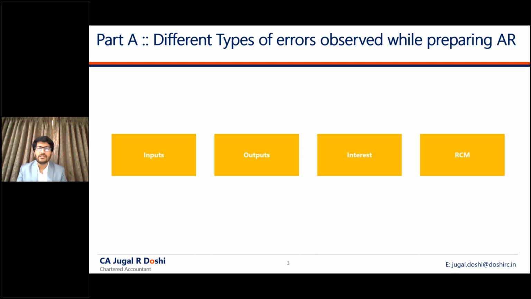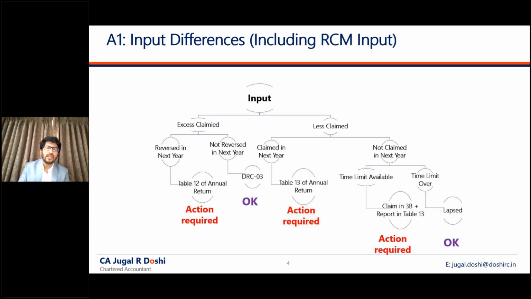And fourth, difference in RCM liability self-assessed by me while filing the annual return as compared to RCM liability declared in GSTR 3B. The words I am stressing here are "self-assessed by me" because GST is a self-assessment system, and it is expected that we ourselves do the assessment of tax payable by us.